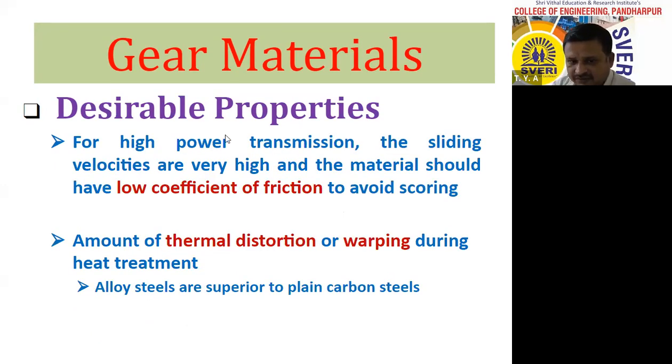Therefore, for high power transmission, the sliding velocities are very high and the material should have a low coefficient of friction to avoid scoring. If there is a high coefficient of friction, more heat is generated, the surface will burn and scoring type of failure takes place. That's why the material should have a low coefficient of friction to avoid scoring.